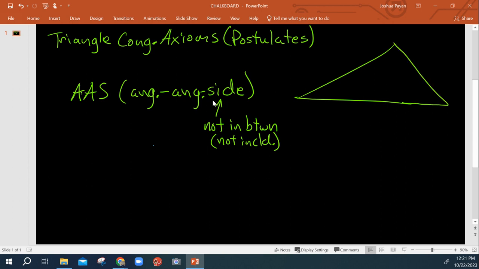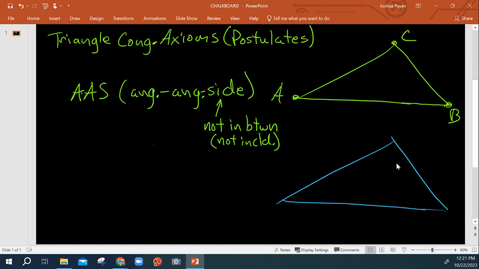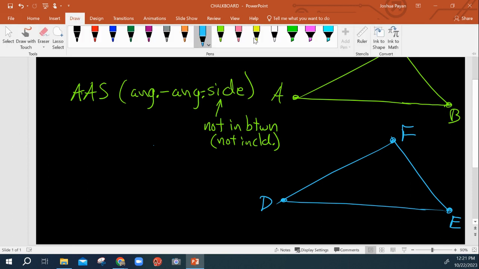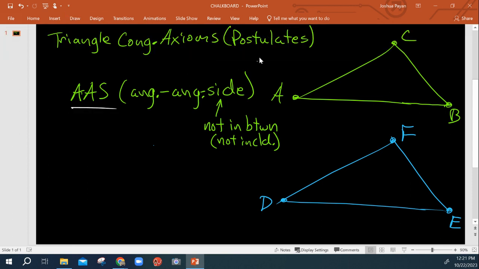Okay, so let's look at what that's going to be. And I'm going to try to draw a triangle that's different from last time. So let's say we have A, B, C. And let's say now we've got D, E, and F. Okay, if this here is true, well, then we've got an angle and another angle and a side in common, right?